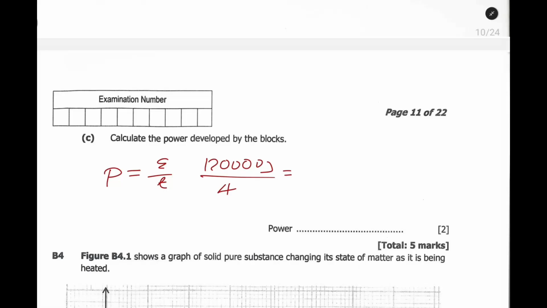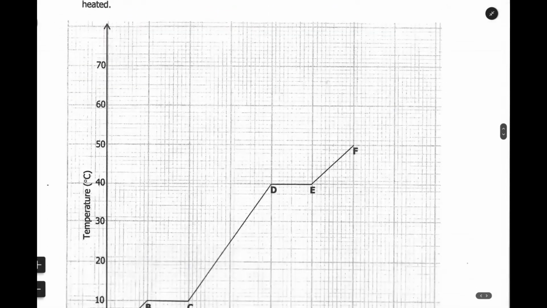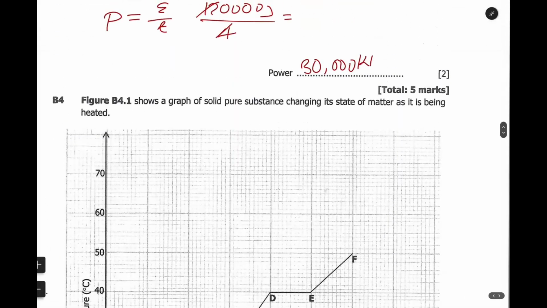The answer is 30,000, as 12 divided by 4 is 3. So we are having 30,000. What is this? Power. So watt. I guess we are together up to this point. Let us look at question B4.